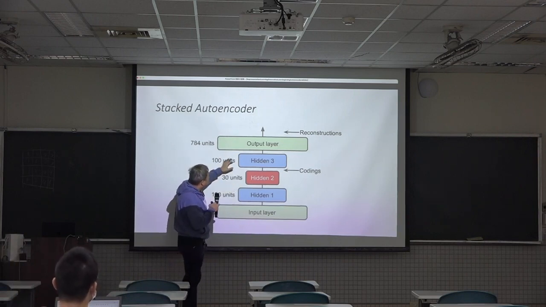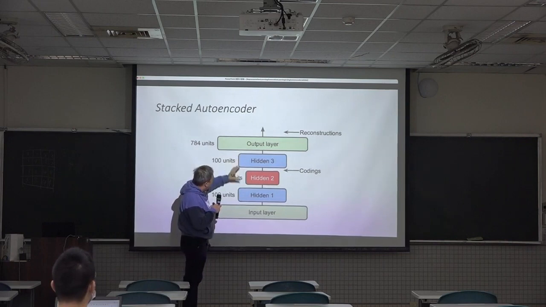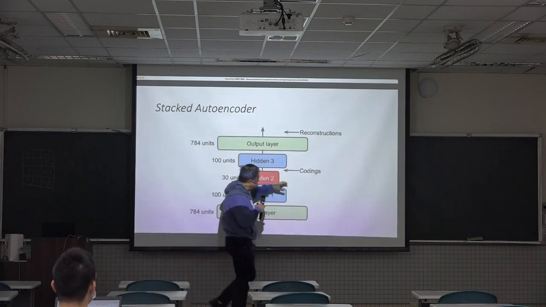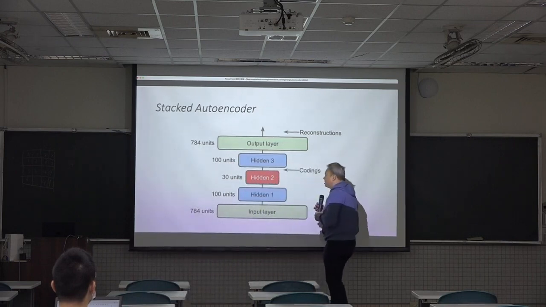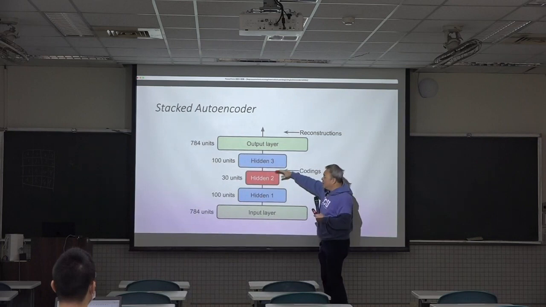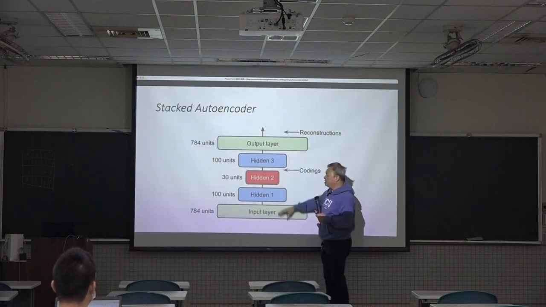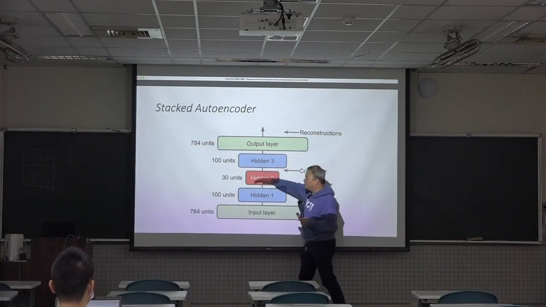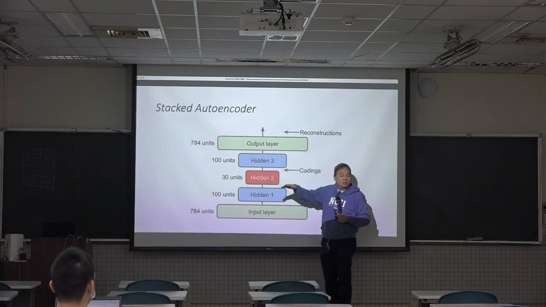You can see that hidden layer 1 has the same shape as hidden layer 3, and hidden layer 2 in this particular example happens to be the coding layer. This architecture is symmetrical with respect to the coding layer.